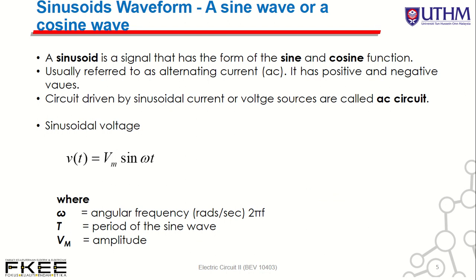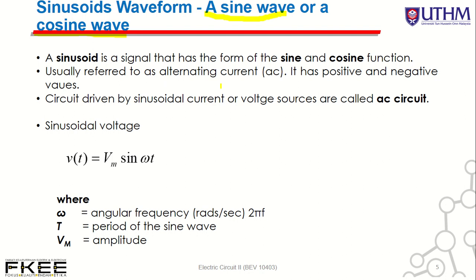Okay, so next, what is sinusoid waveform? Okay, sinusoid waveform can be a sine wave or cosine function. Okay, usually refer as alternating current. Of course, when we discuss about sine wave, cosine wave, it's about AC current.